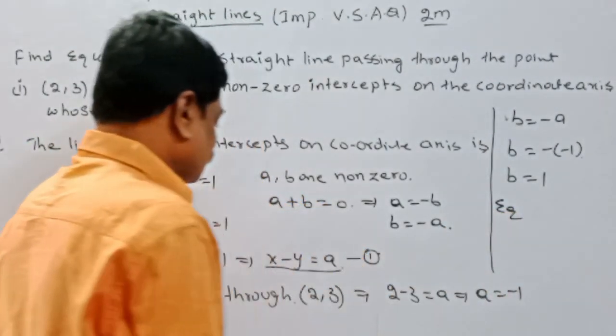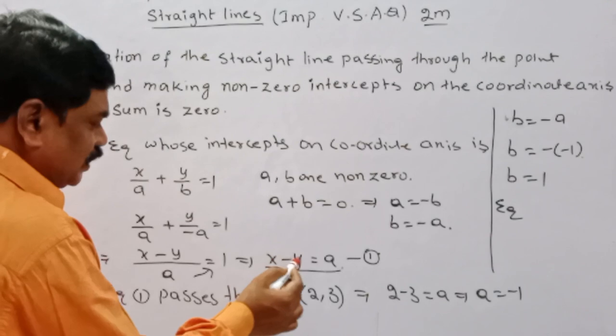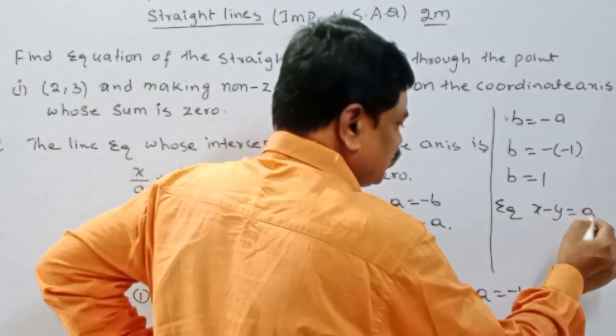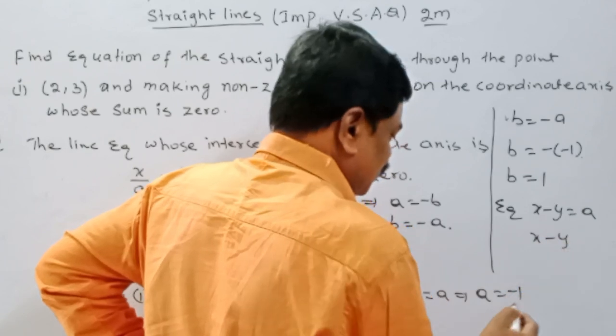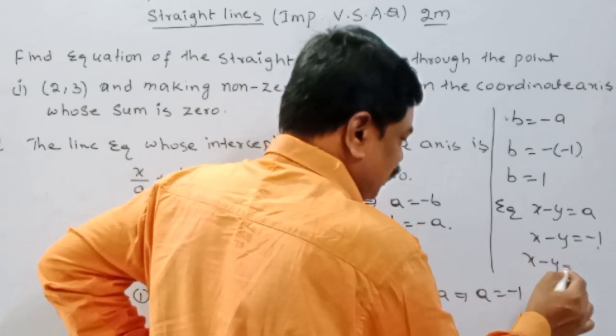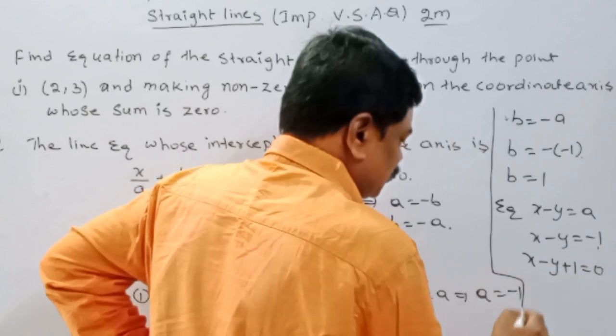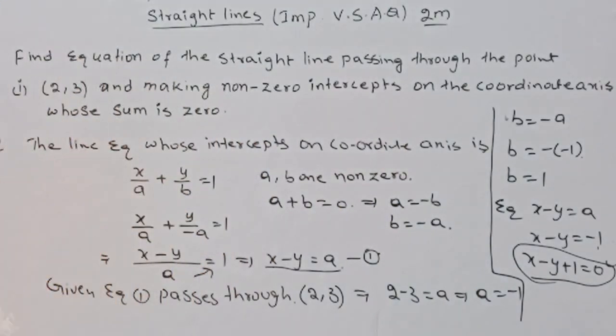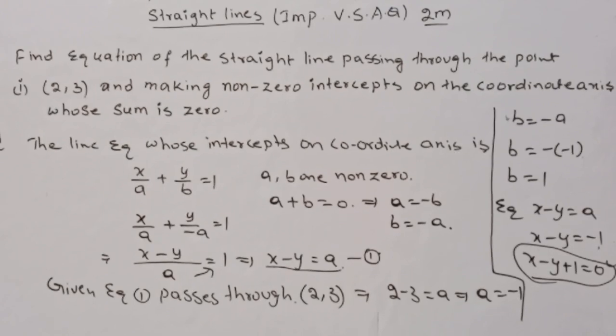Here x minus y is equal to a. x minus y is equal to minus 1. So, x minus y plus 1 equal to 0. So, the line equation is x minus y plus 1 equal to 0. Okay, all of you? That's all.